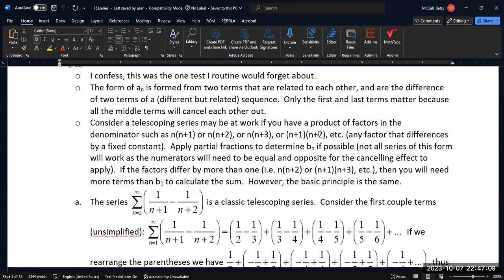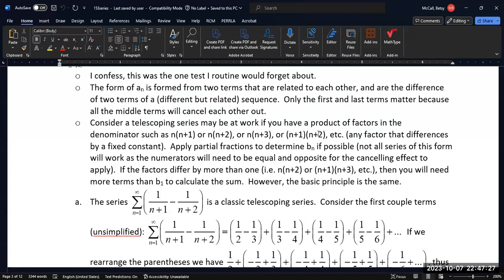That will actually work, because when n is 1 in the one case, you will get the same value for the second factor as you would if you let n equal 2 in the other factor. So they're going to have the same kind of behavior.